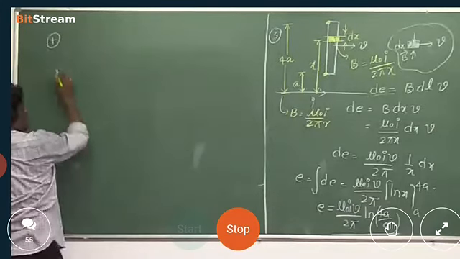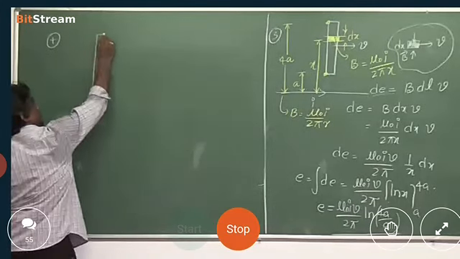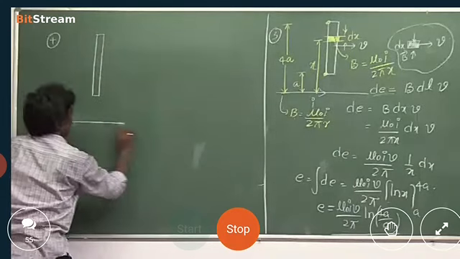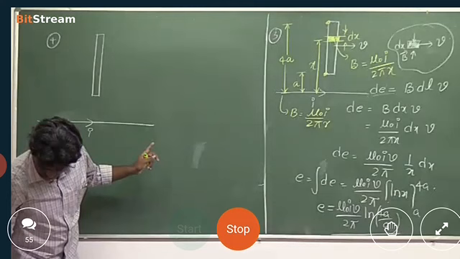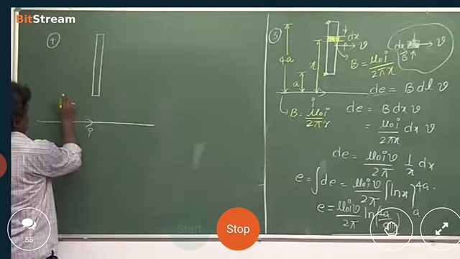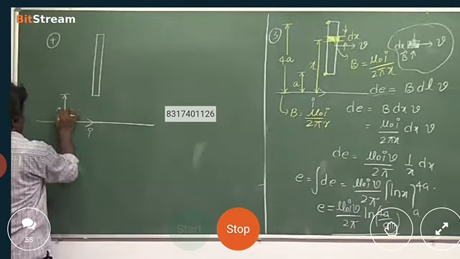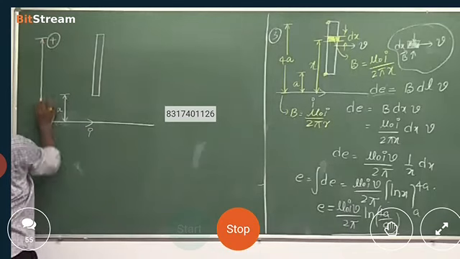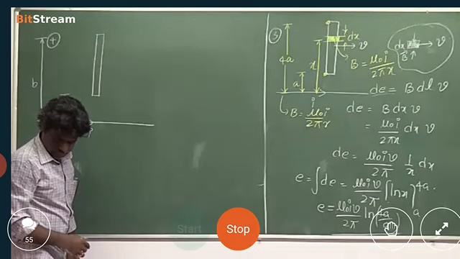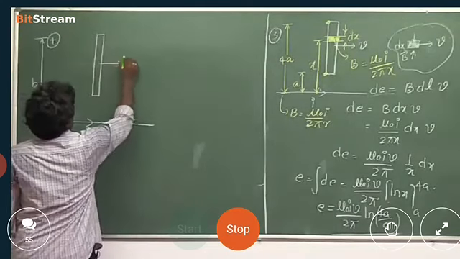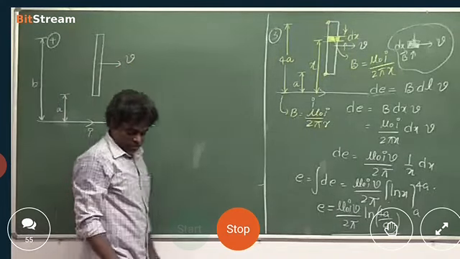Next, try this one yourself. Griffith question. I think this is A. This is B, a similar one. Just for practice, do it.